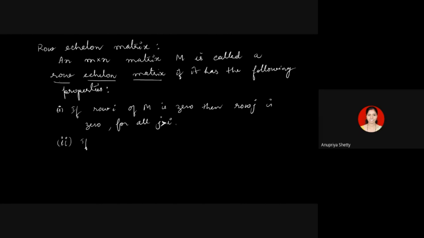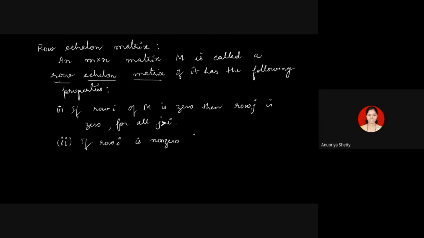Second is, if row I is non-zero, what do we mean by a non-zero row? A zero row is a row which has all zeros in it. When we say that a row I is non-zero, it should have at least one non-zero entry in it. Correct? To say that a row is non-zero, there should be at least one non-zero entry. Not that all the entries must be non-zero. No, at least one entry should be non-zero.